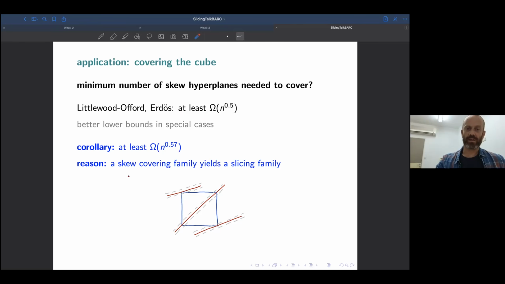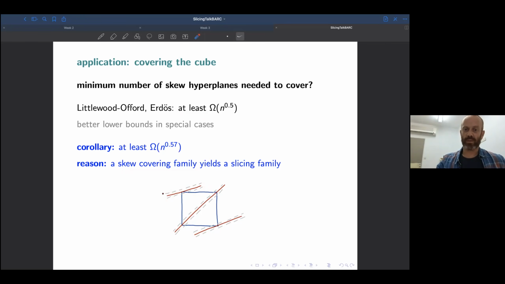And the reason is that if we have a skew family of hyperplanes that cover all vertices, these are the red lines here, pictorially. If we take every such hyperplane and perturb its threshold a little bit up and a little bit down, just slightly, then we doubled the number of hyperplanes in this operation.